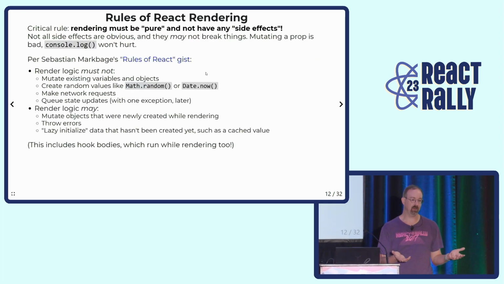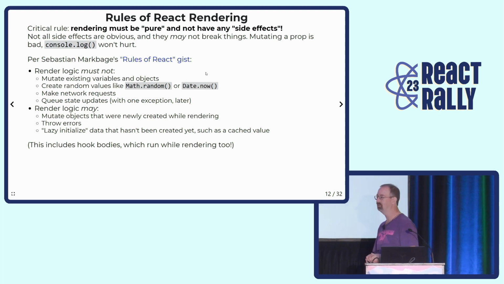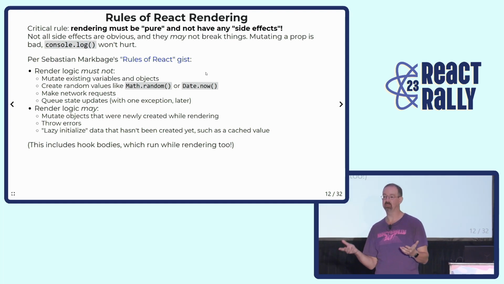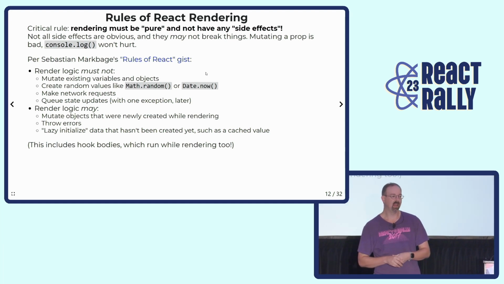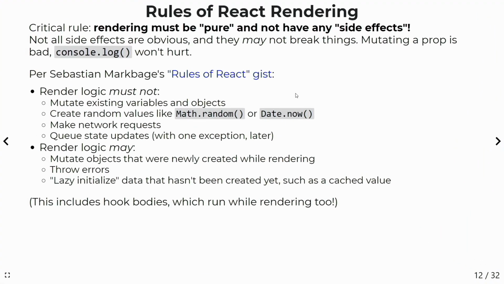Now, React is inspired by some functional programming type principles. And so because of that, there are some rules that React components need to follow when they render. So there's a couple terms here. React components and their rendering process needs to be pure. There needs to be no side effects. Well, what's a side effect?